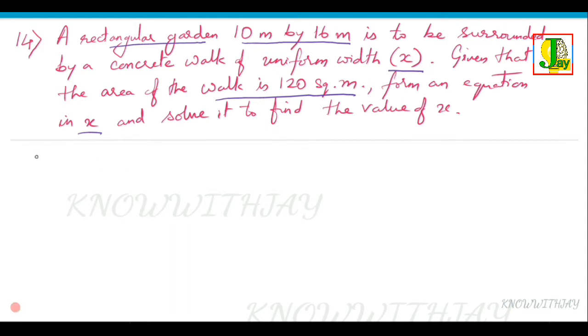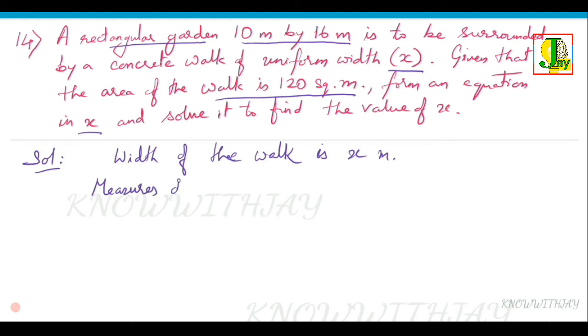So let us first write what is given. Width of the concrete walk is given x meter. The measures of the garden is 10 meter by 16 meter.